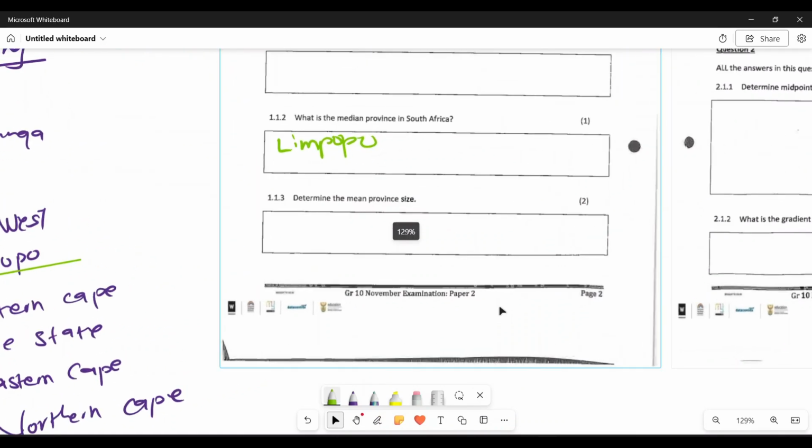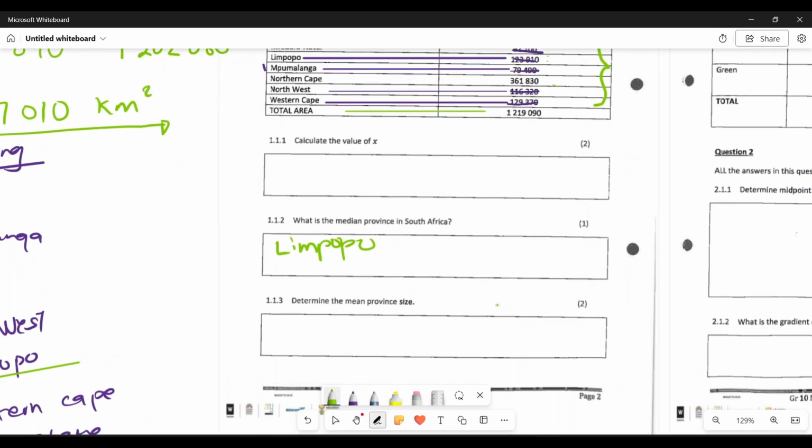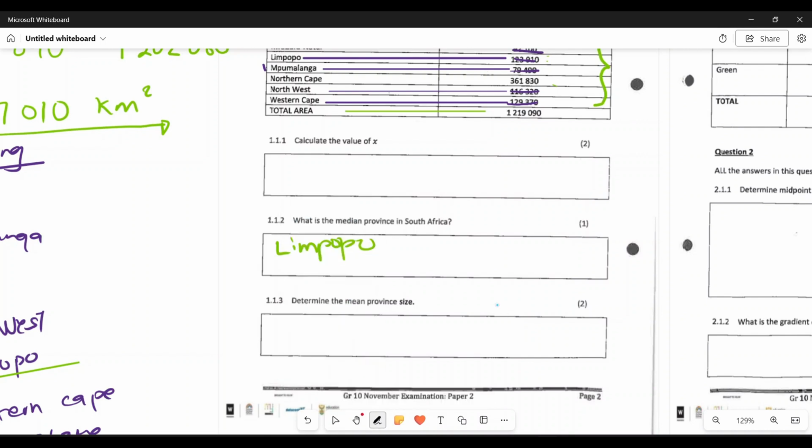Now 1.1.3, we need to determine the mean of the province size. Remember, what is the formula you need to use whenever you're calculating your mean? Mean is basically an average. So we're going to take our total area and divide it by the number of provinces. In this case, our total area is 1,219,090.